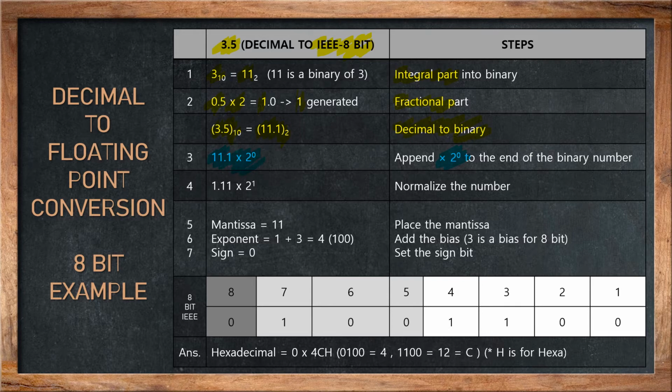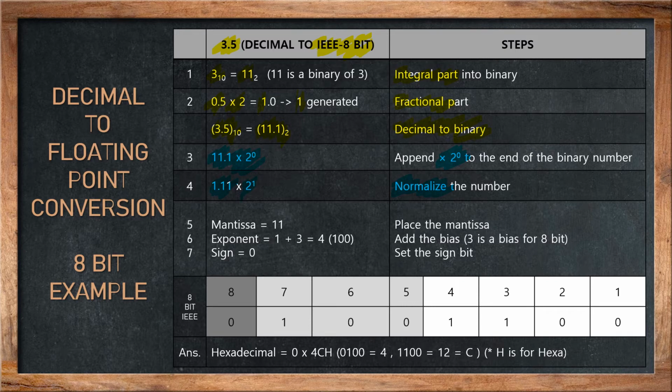After appending 2 raised to 0, we need to normalize this number. Normalization means make your MSB non-zero and shift the radix point accordingly. Here I have shifted the radix point 1 place to the left, that is 1.11, and because 1 place was shifted, I got 1 as the exponent. So this is the normalized number.